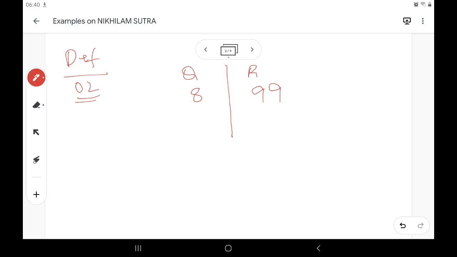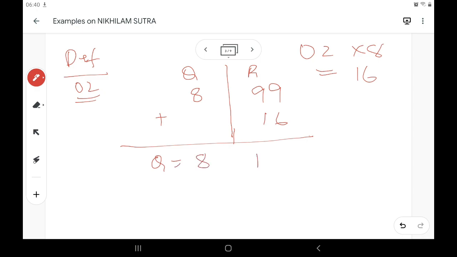So in this case, the leftmost digit is 8, that's under quotient. So 0, 2 into 8, which will be equal to 16. And it's added to subsequent digits, that is the remainder, which is 99. So 1, 6, this will be added. So you'll get quotient as 8 and remainder as 115.